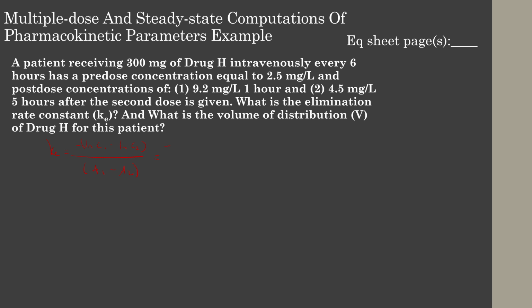And if you plug all those in, 1 hour, 5 hours, right, is equal to around 0.108 hours to the -1. Okay, so there you go. We got that done. Pretty easy peasy.